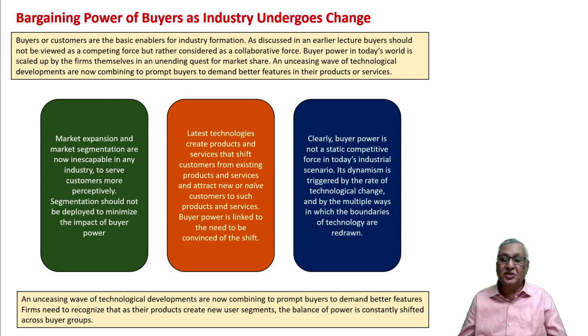Its dynamism is triggered by the rate of technological change and by the multiple ways in which the boundaries of technology are getting redrawn. As technological developments proceed apace without any let-up, these are combining to prompt buyers to demand better features. Firms need to recognize that as their products create new user segments, the balance of power is constantly shifting across buyer groups.